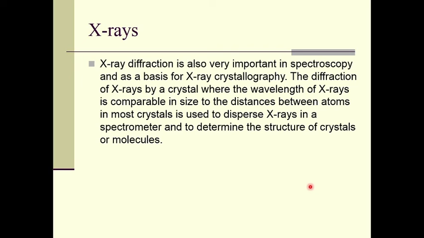So, in the X-ray diffraction or X-ray crystallography technique, we use the X-rays. We know the wavelength of X-rays is in the range of 1 to 2.5 angstrom, and in this range the distances between atoms and molecules also fall.